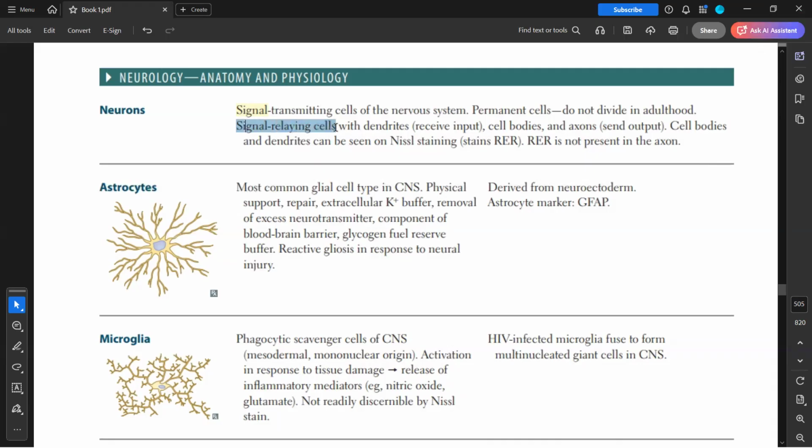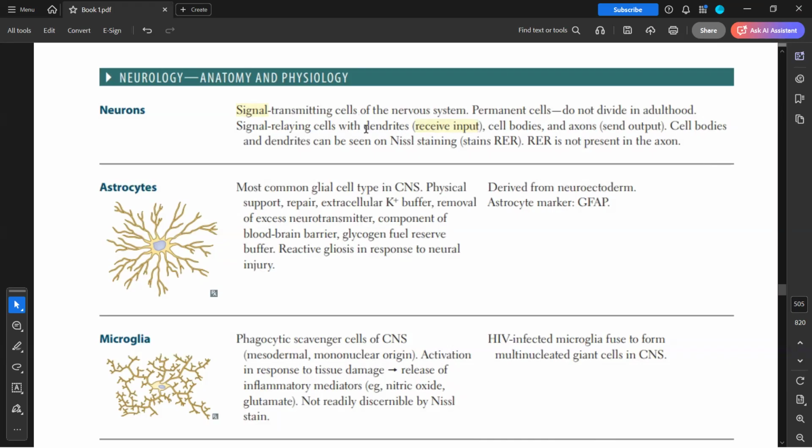They are signal relaying cells, with dendrites that receive input. Neurons have dendrites, cell bodies, and axons. Axons are the structures that send output. Dendrites will receive the input. For example, I want to send a message to my arm.